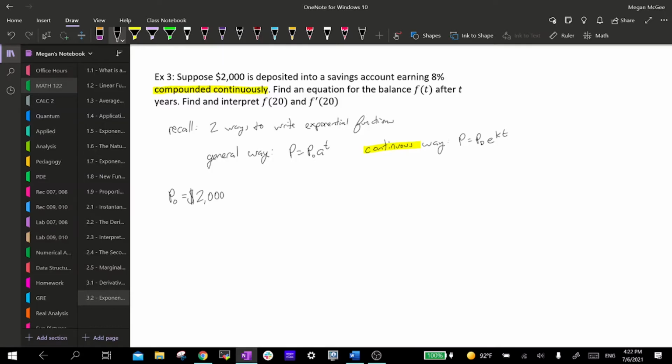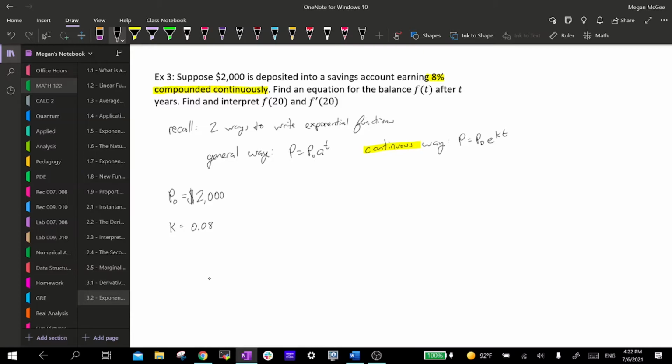So t is going to be years, right? And k is our rate. So we know that the savings account is earning interest at 8%. Okay, so our rate is 8%, but in decimal form, which is 0.08.